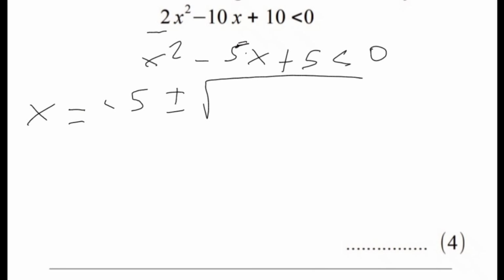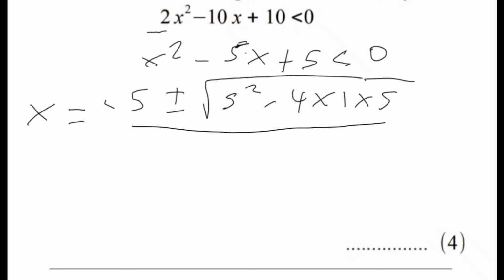So the quadratic formula, if you guys remember, is minus b plus or minus the square root of b squared minus 4ac, where in this case a is 1, b is minus 5, and c is 5. So we put minus minus 5 plus or minus the square root of 5 squared minus 4 times 1 times 5, all of it over 2a, which in this case is 2 times 1. You can plug this into your calculator.